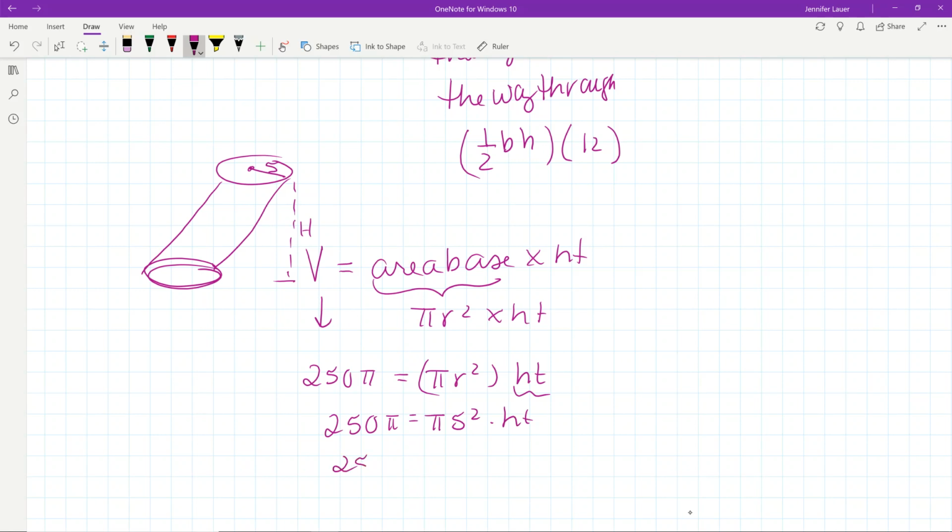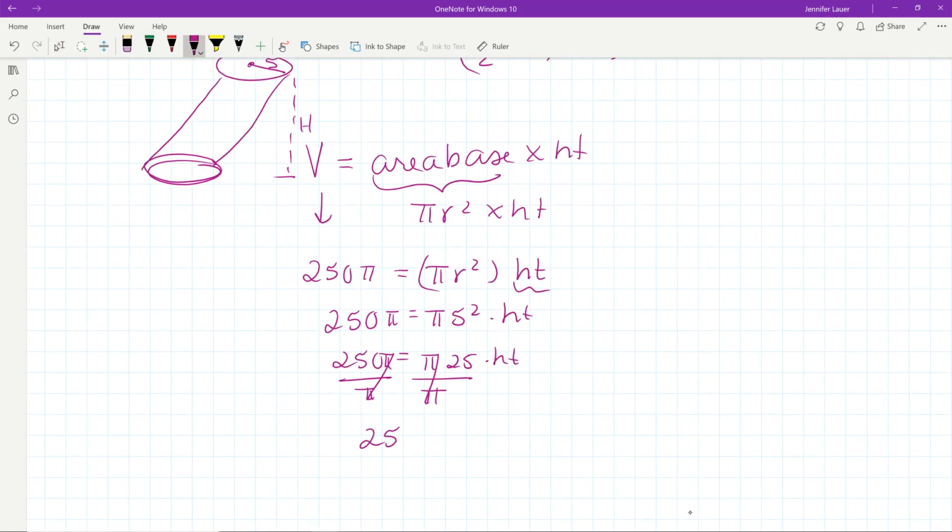So we're going to do a few calculations. Let's get rid of the pi's. If we divide both sides by pi, they'd cancel out, and you'd be left with 250 is equal to 25 times the height. And so we can easily see that our height is going to be equal to 10. And this is going to be in centimeters.